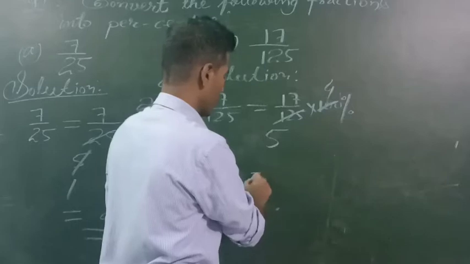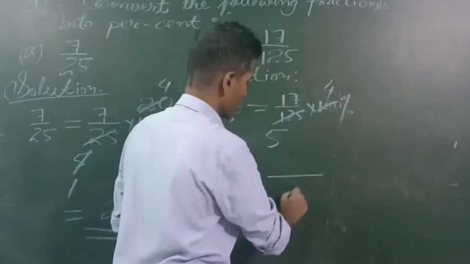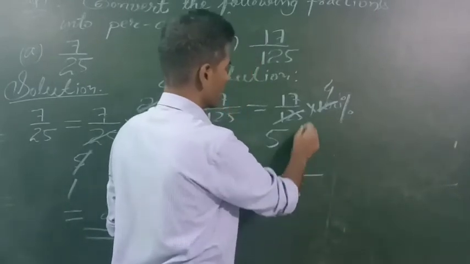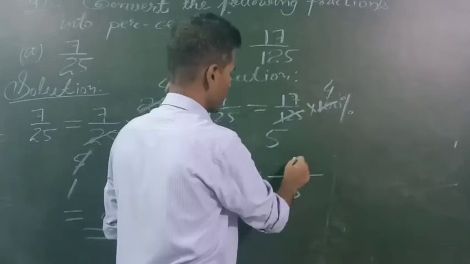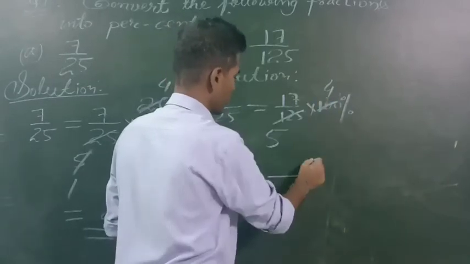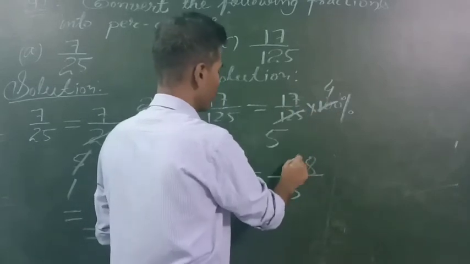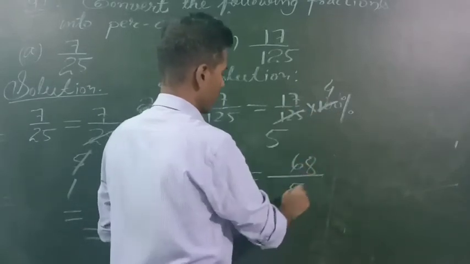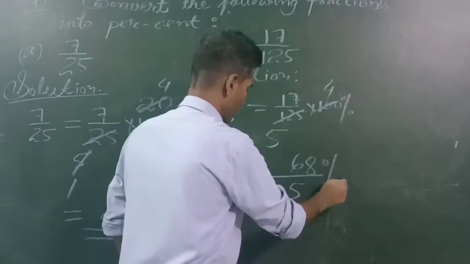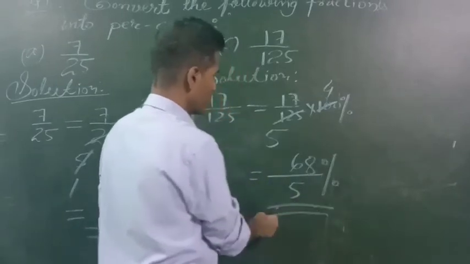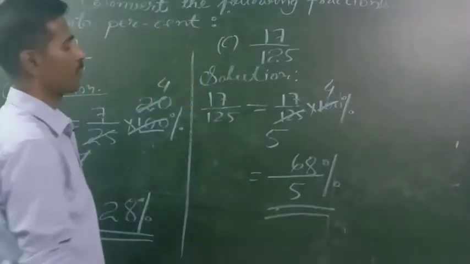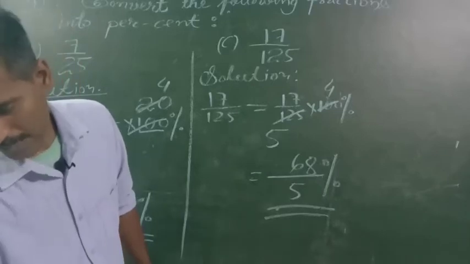Now the new denominator is 5, and the numerator is 4 times 17, which is 68. 4 times 7 is 28, carry over 2, 4 times 1 is 4, plus 2 is 6, so 68 by 5%. This is the solution for question number 1, sub question C.